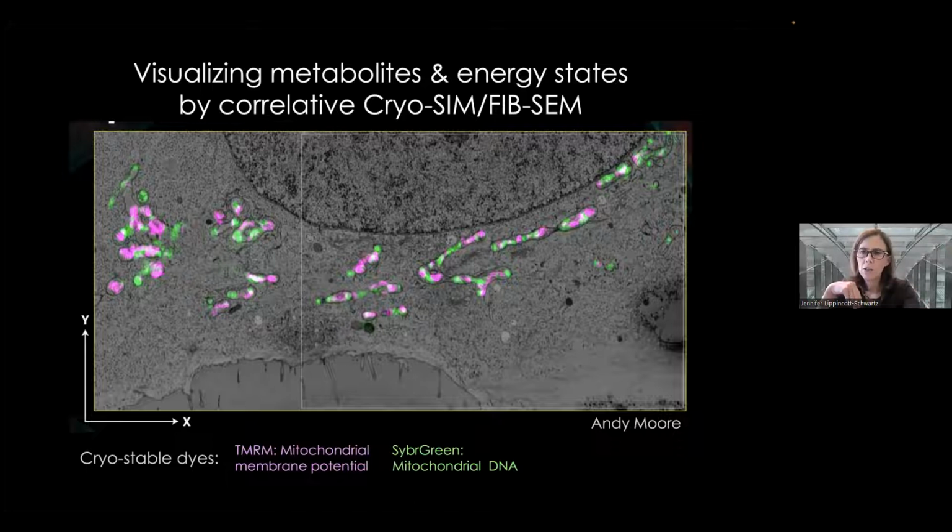They dock right into mitochondria, which we can see through the FIB-SEM reconstruction. So I think there's a lot of potential for this correlative approach to begin really characterizing properties of these organelles that we had not previously appreciated. The correlative approach allows you not only to identify the organelles, but if you start introducing other probes, you can start characterizing, in the case of mitochondria, where the DNA is and where there's differential membrane potential.